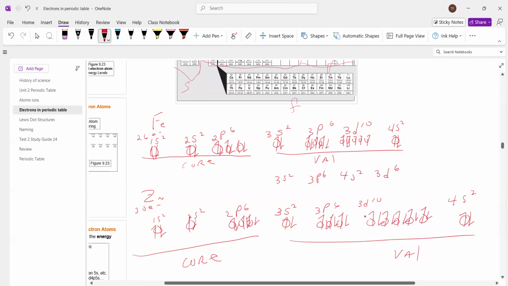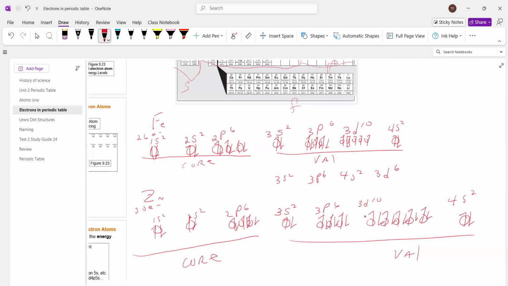So if we count up 10, 18, 28, 30 electrons. So the superscripts have to add up to the total number of electrons. And again, shell 2 is core.